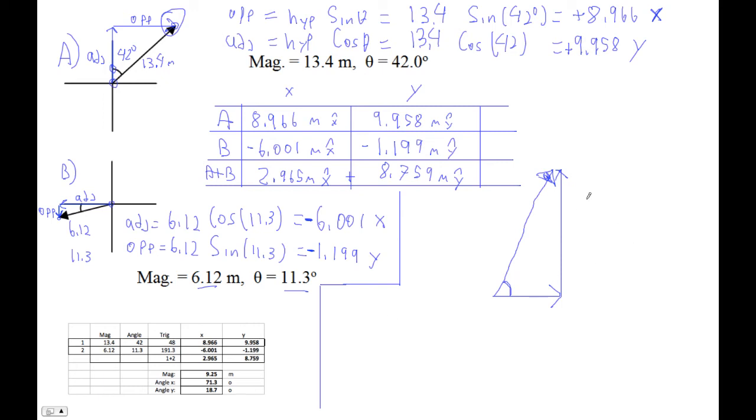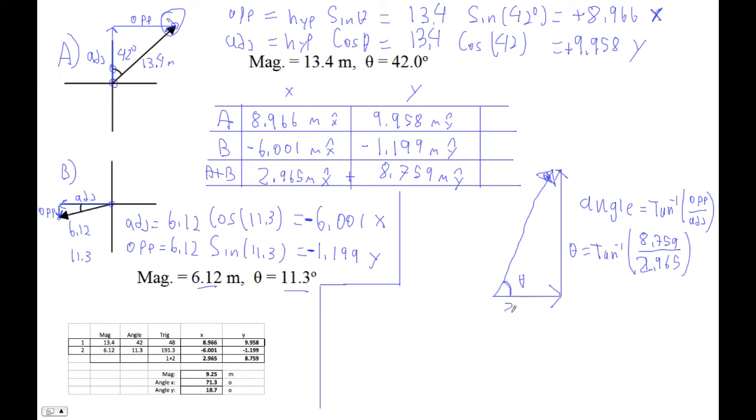So that angle right there, angles in general are the inverse tangent of the opposite over the adjacent. Okay, this angle here, theta, is the inverse tan of the opposite, which is the 8.759 divided by the 2.965.